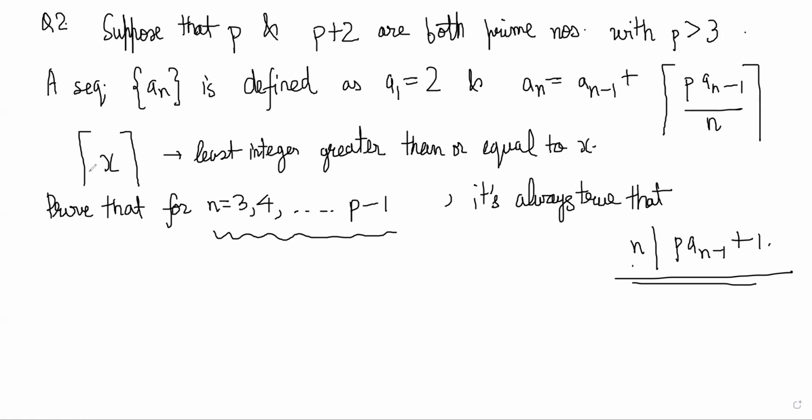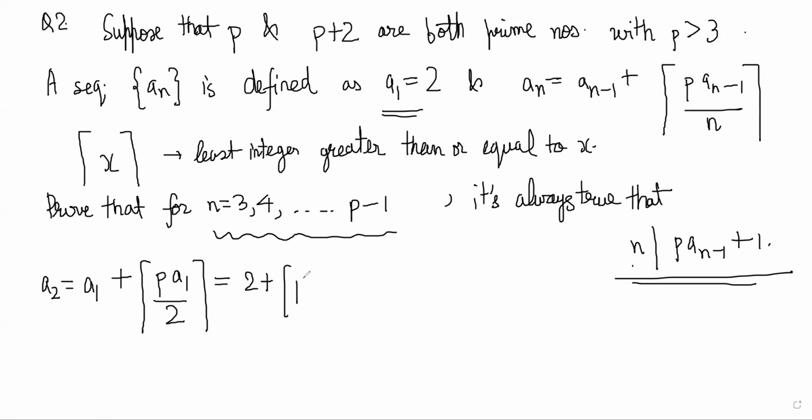Okay. So we already know a1 is 2. So let's calculate a2. a2 will be a1 plus p a1 by 2. And a1 is 2, so this is basically 2 plus p, right? But p itself is an integer, so a2 is 2 plus p, we get, right?